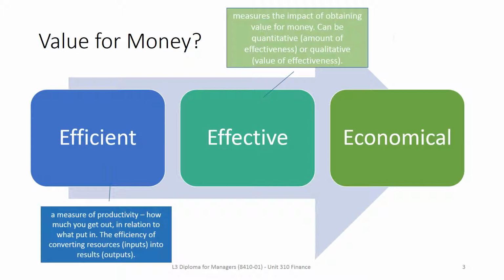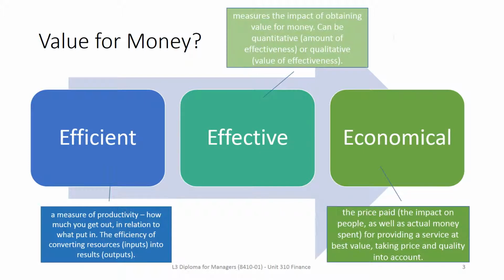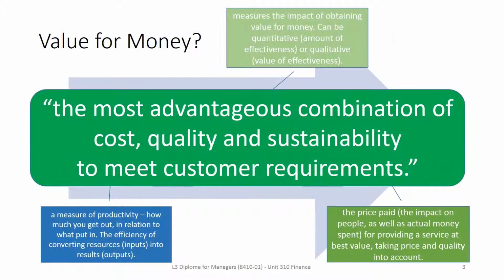And then economical is about the price paid, the impact on people, as well as the actual money spent for providing a service that's best value, taking price and quality into account. And the term value for money can have lots of meanings and outcomes in differing situations, but the concept could be said to be defined as the most advantageous combination of cost, quality, and sustainability to meet the customer's requirements.